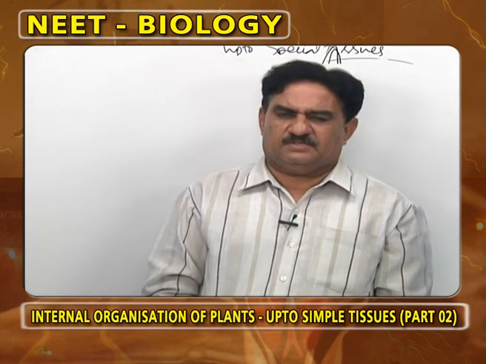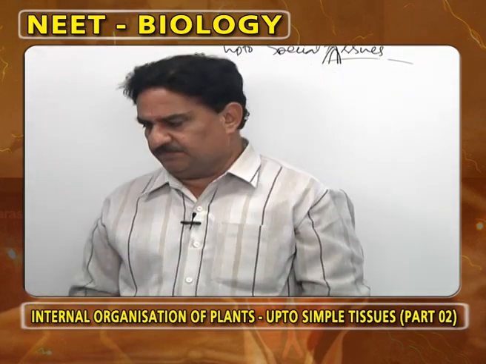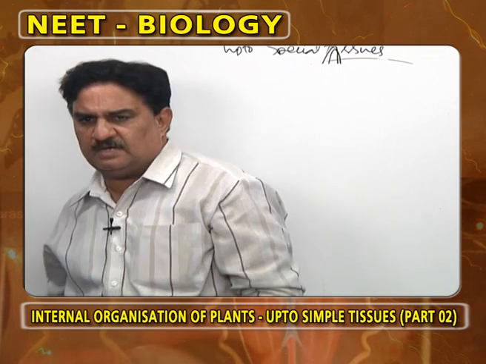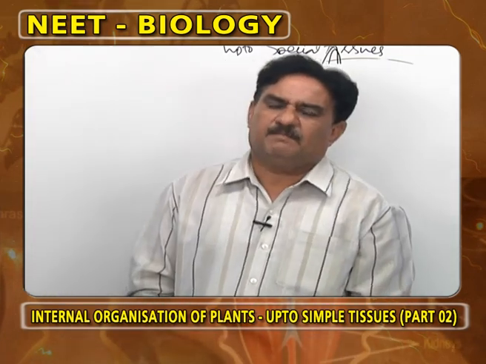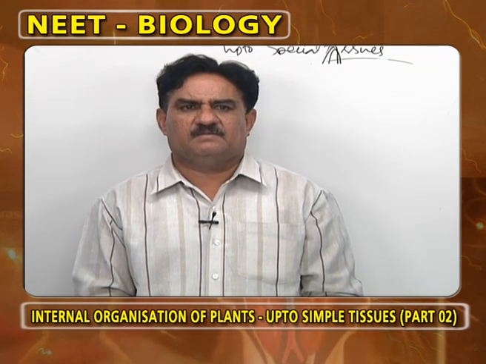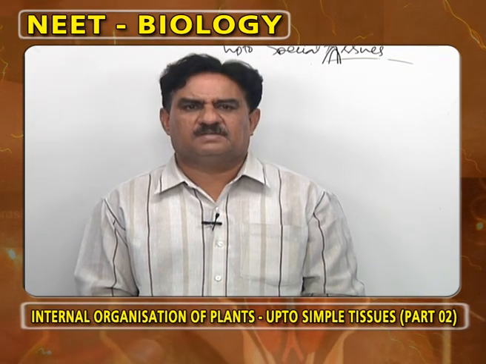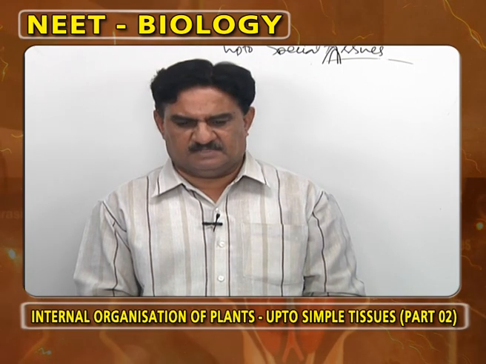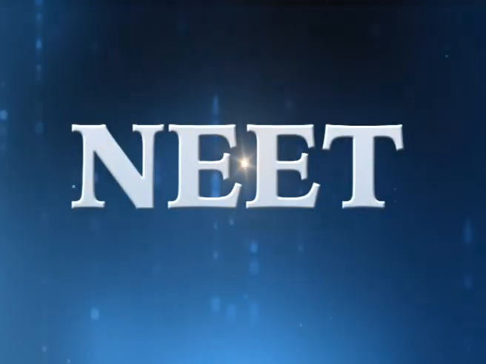Permanent tissues: simple tissues, complex tissues, special tissues. Simple tissues are parenchyma, collenchyma, sclerenchyma. Complex tissues are xylem and phloem, and special tissues are many types in the cells.